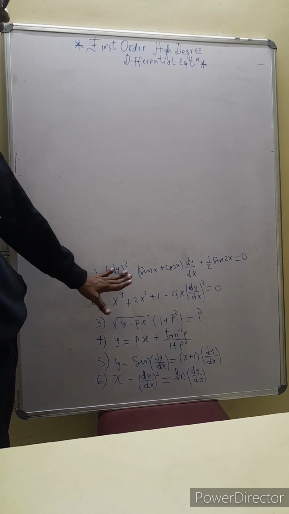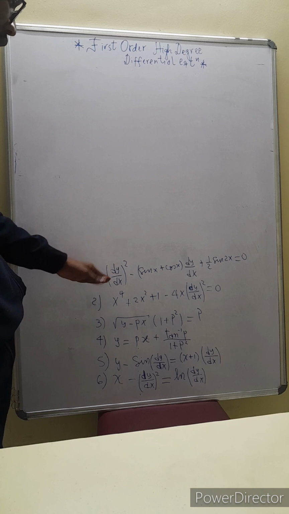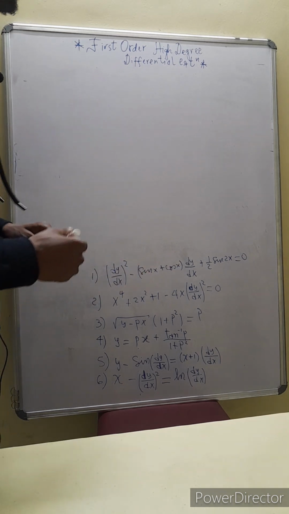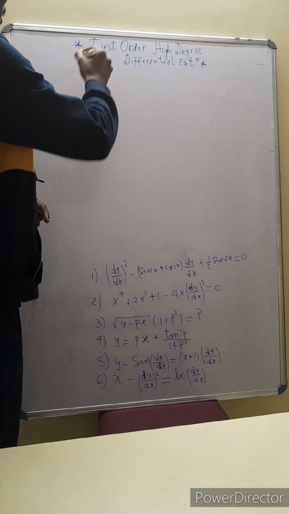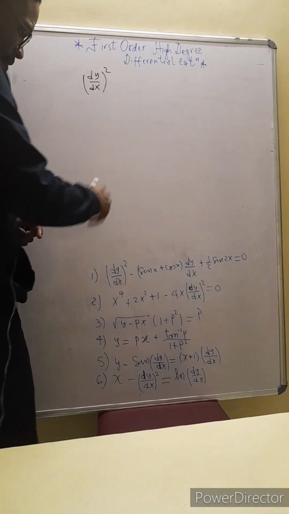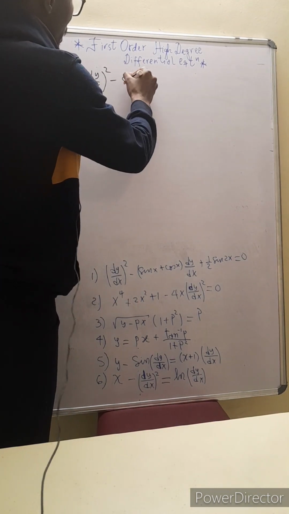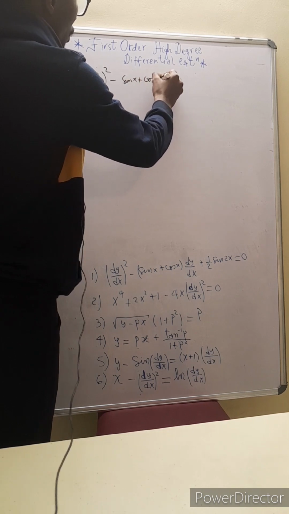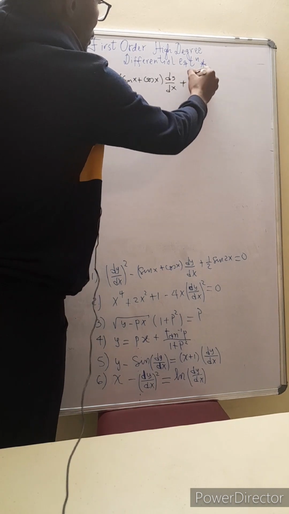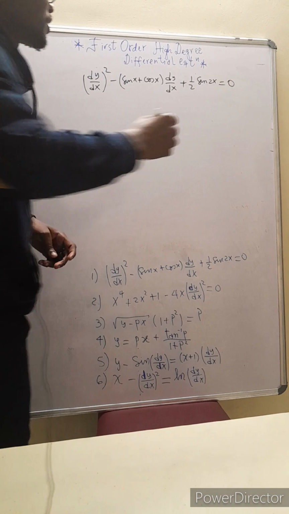Nice. Now that we know this, let us see whether this exercise is solvable for P. What is the first step? Let me write down (dy by dx) square minus sine of x plus cos x dy by dx plus 1 by 2 sine 2x is equal to 0.